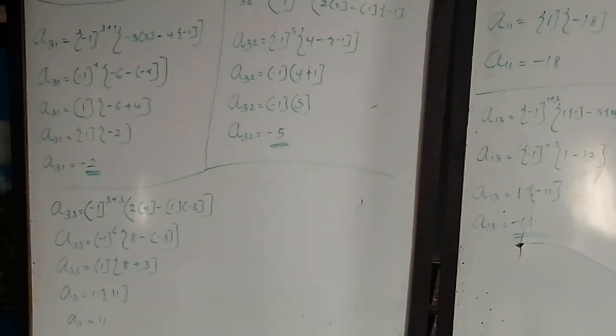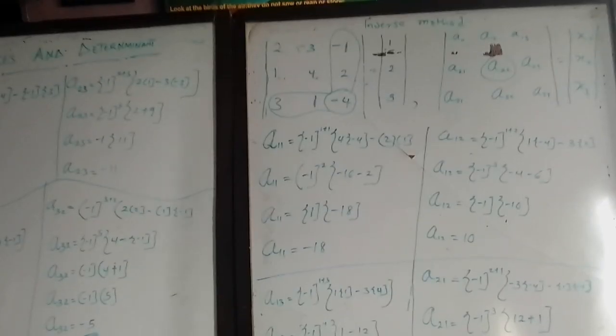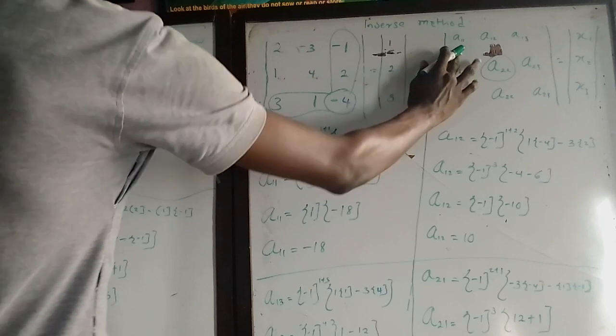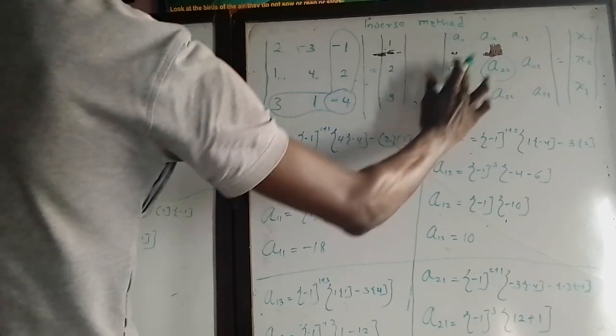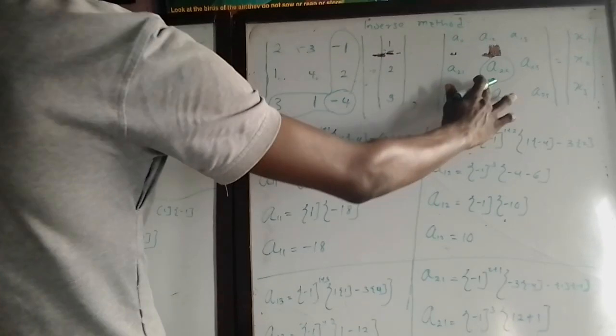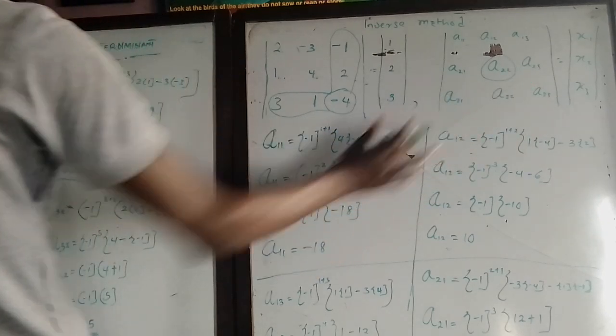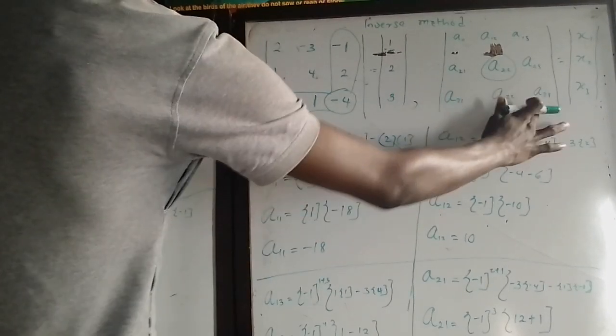So now, in all what we have done so far, we've gotten A11, A12, A13, A21, A22, A23, A31, A32, A33.